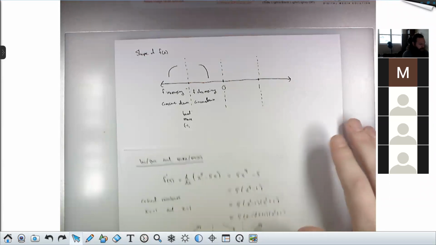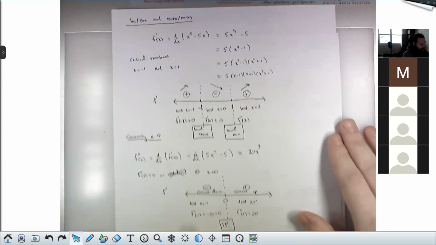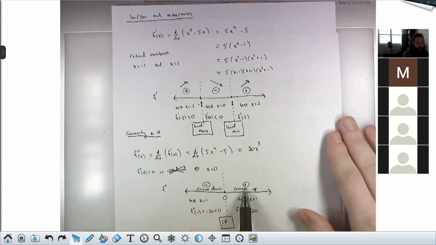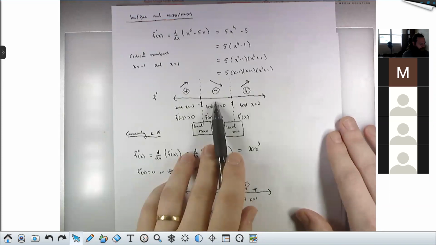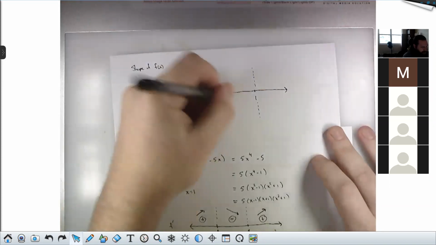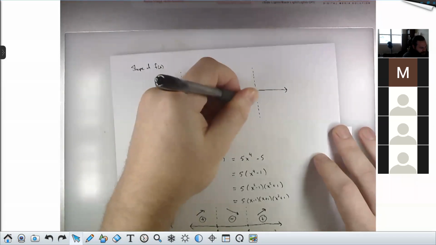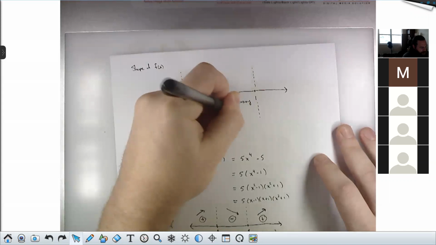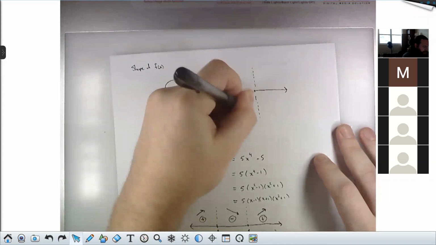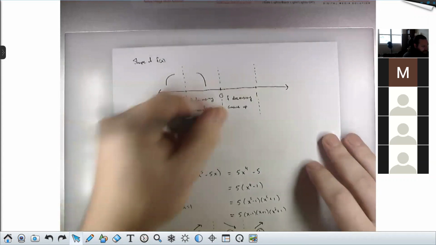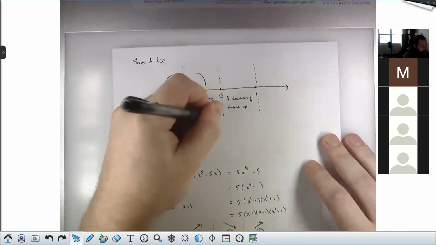Between 0 and 1, at x equals 0, we switch to being concave up. But between 0 and 1, f is still decreasing, but now we're concave up, which means this had to be an inflection point.